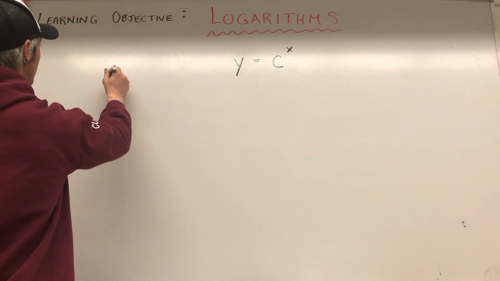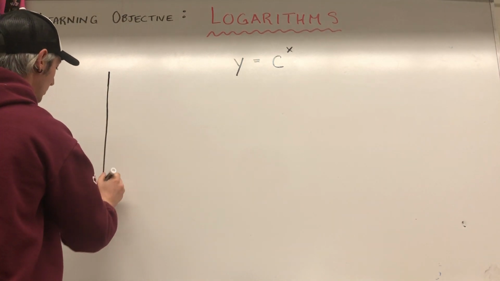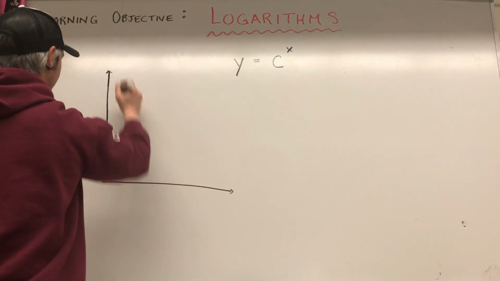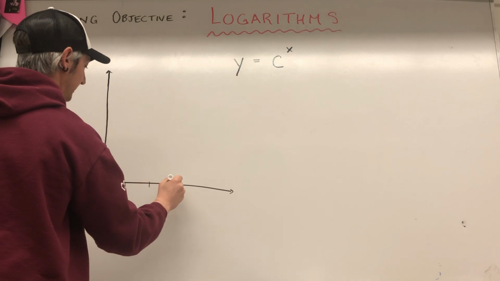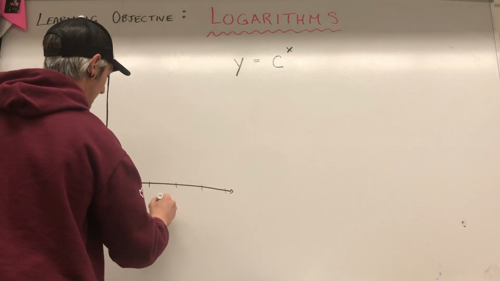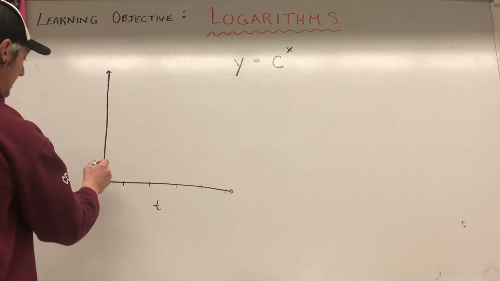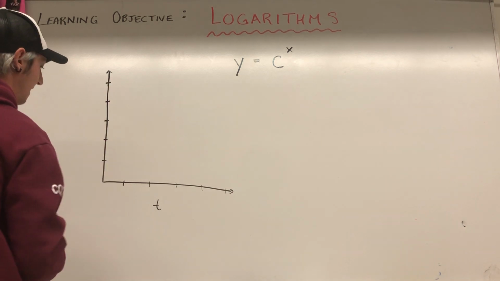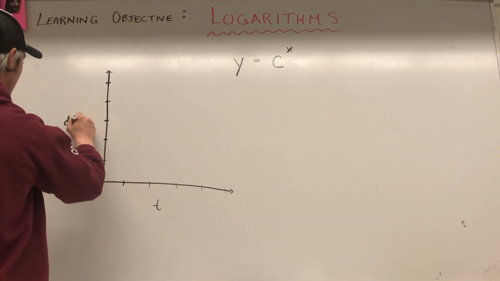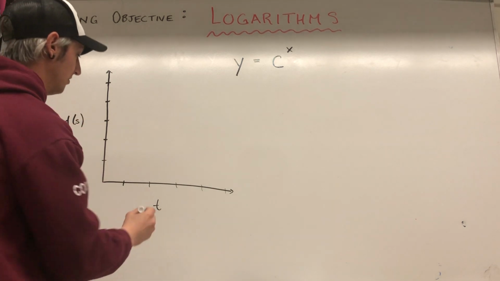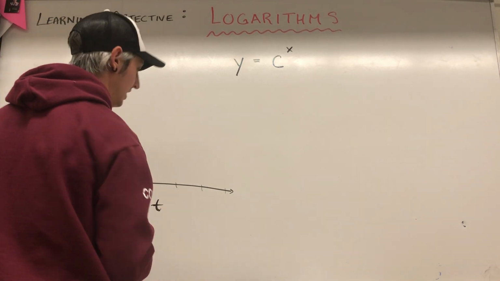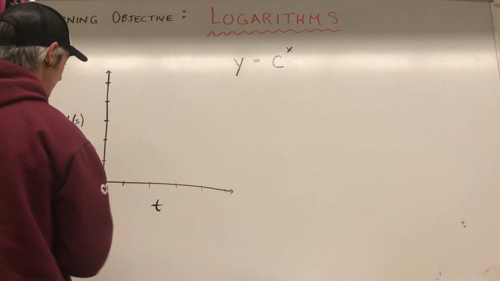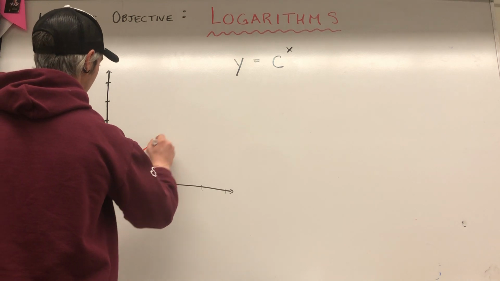basically, in the world, for the most part, we deal with arithmetic scales. So, if I had, say, time down here and distance up here, okay? Now, if I'm just driving a car, I'm kind of going a normal speed, I'll get a graph like this.